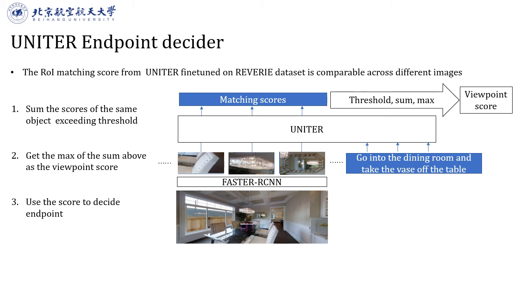Because the multi-layer perceptron shares parameters across different image embeddings, in experiments we find the score predicted from Unitary is comparable across different images, which means it can locate the most possible object from multiple viewpoints at a good accuracy. Based on this characteristic, we use Unitary to evaluate and rank the viewpoints. The process is shown at right.